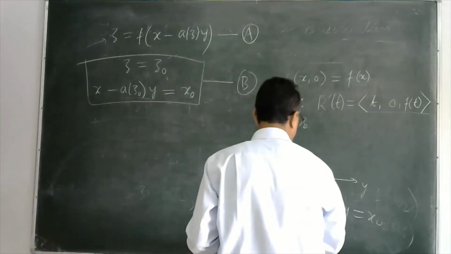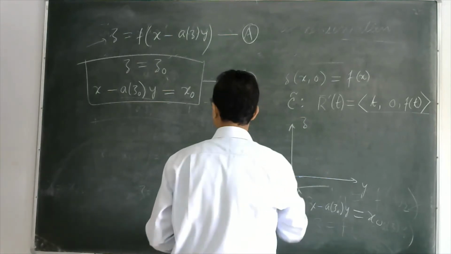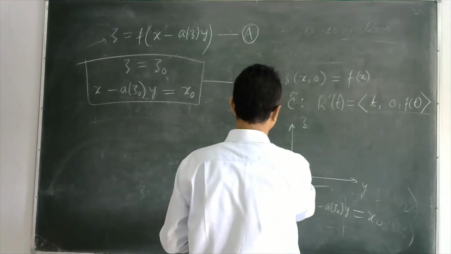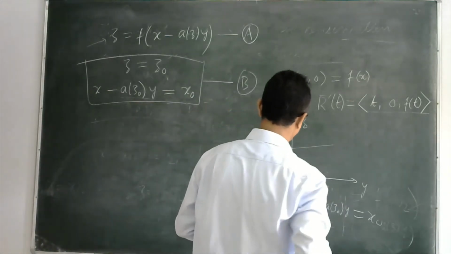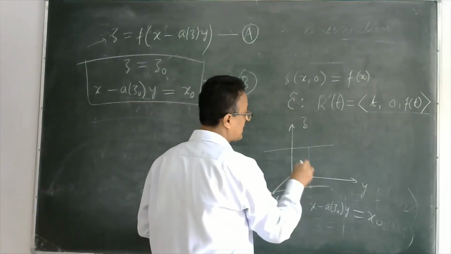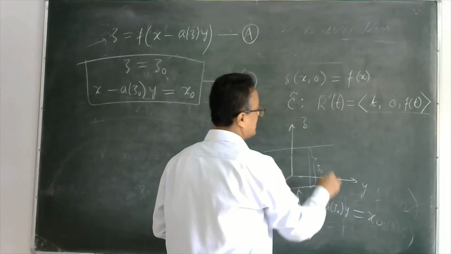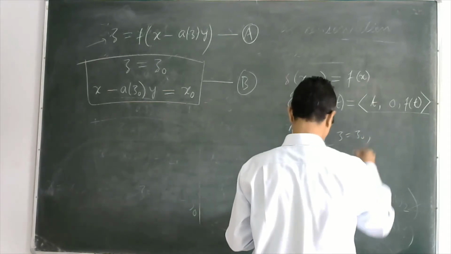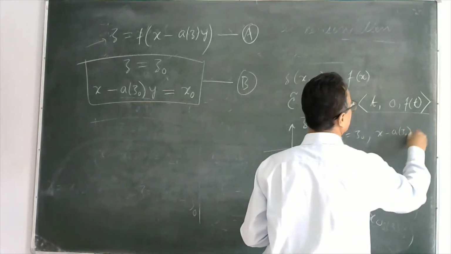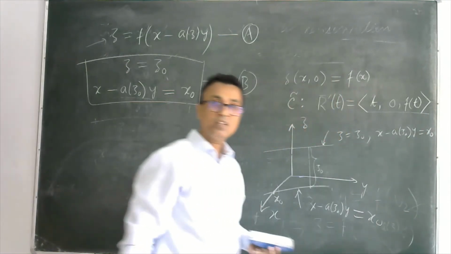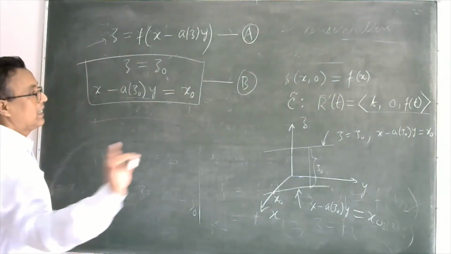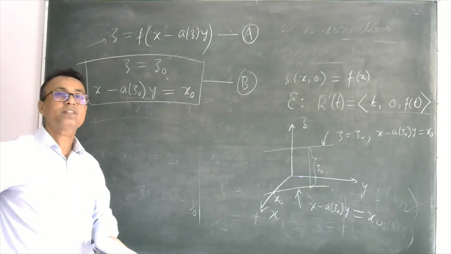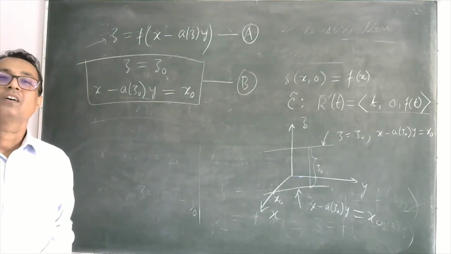If this straight line lies on the xy plane, the straight line given by this b is simply going to be a line parallel to this, such that it is elevated by z naught. So that means this is nothing but z equal to z naught and x minus a z naught y equal to x naught. Okay, is it okay with everybody? Fine. I hope this is clear to you. So basically, what is b? B is nothing but a straight line.